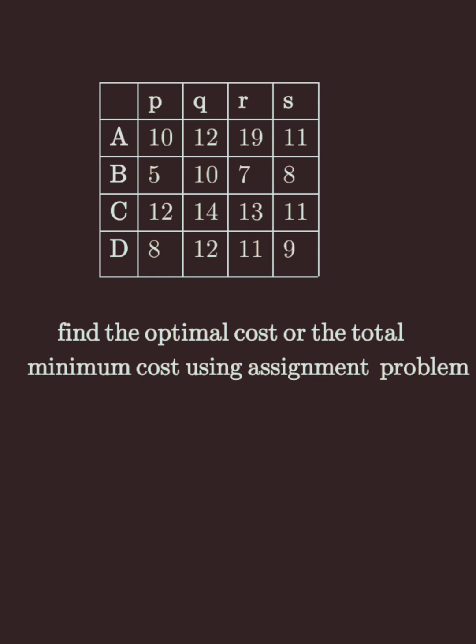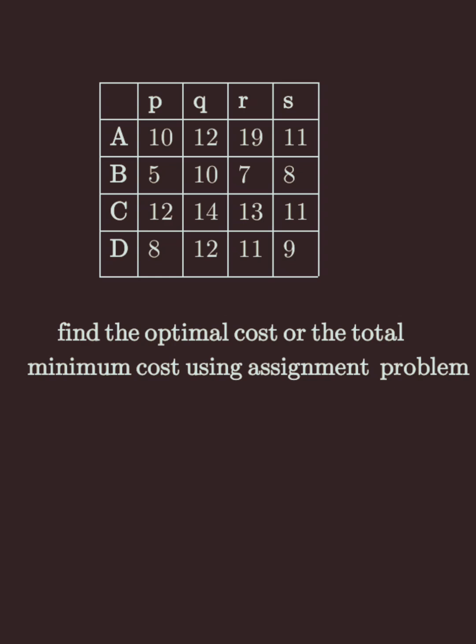So we want to use the assignment problem approach to assign A, B, C, D to P, Q, R, S. What we do in the assignment problem is that an individual is to be assigned to a particular task. So one individual is to be attached to a particular task.